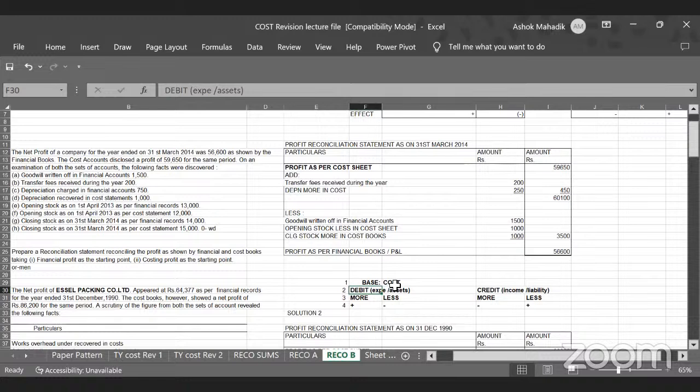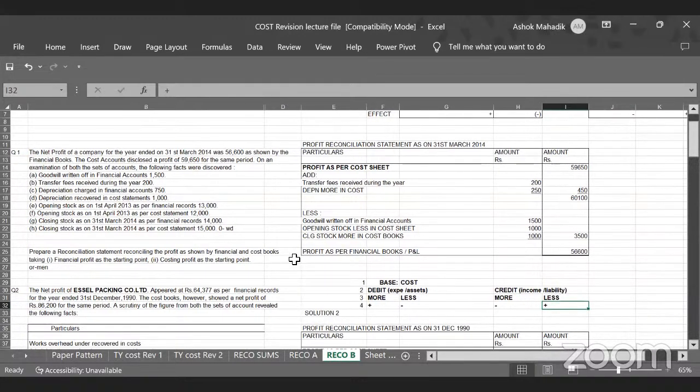Then under debit and credit, again make two sections: more or less, more or less. Below debit, under more, write add, and below debit, under less, write minus. On the credit side, same way but reverse. Under credit, we already have more and less. So below more, write minus, and below less, write add.